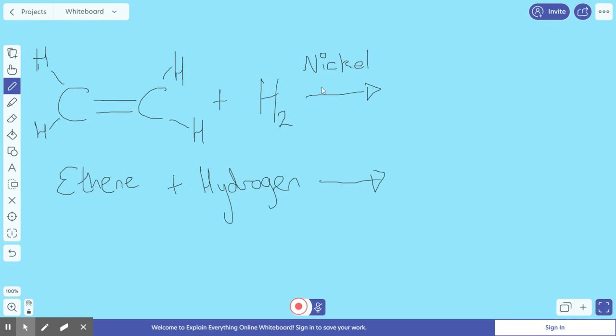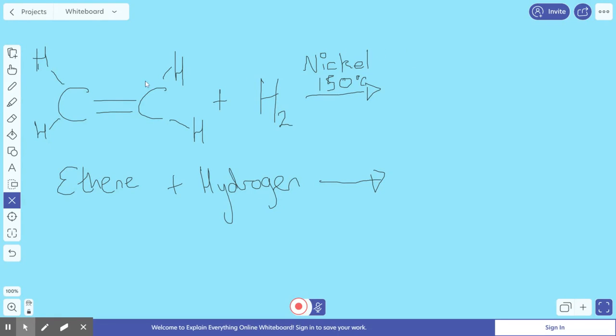We also need a little bit of heat. We know that temperature increases the rate of reaction. We also know that it makes particles move a little bit faster, and they collide quicker. So that's 150 degrees C. It looks a little bit like an S, but it's 150. So it needs to be pretty warm.